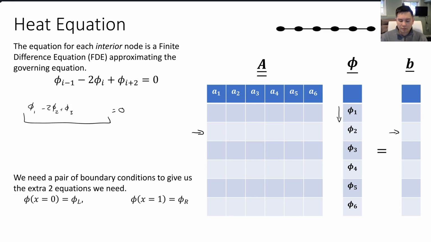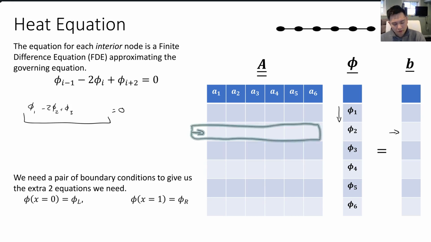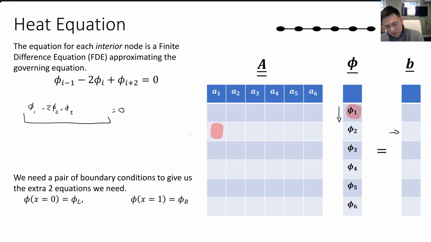I'm putting all this in my second row because it corresponds to the equation I would use to solve for my second node. So now we have to come up with the coefficients in this row that, when multiplied by our phi vector, give us what we have on the left-hand side. Let's highlight a couple terms. Whatever we put in this space here is going to be multiplied by phi1.